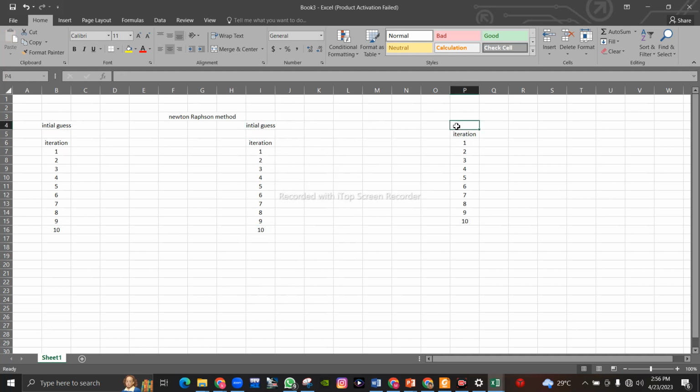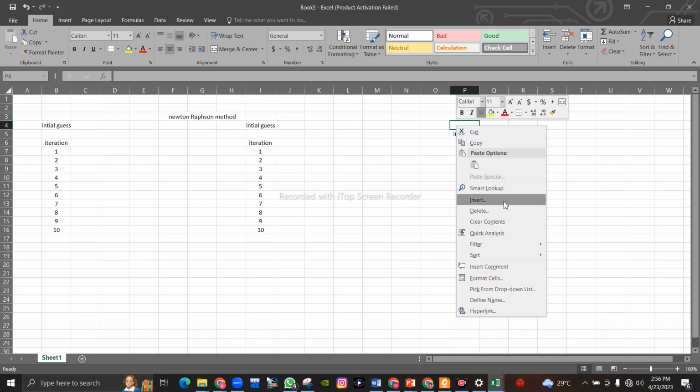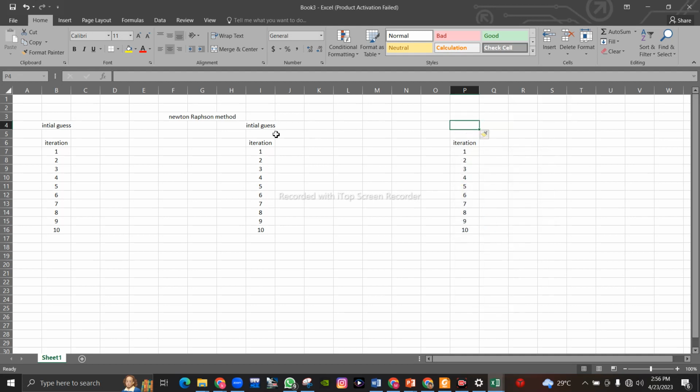Let me push this one down by 1 cell, insert cell, and Control C this. So that will be the initial guess for each of them. We'll put the value here. Let me just put any value, 4. Initial guess for this 7. Initial guess for this 5. So I put all these initial guesses.